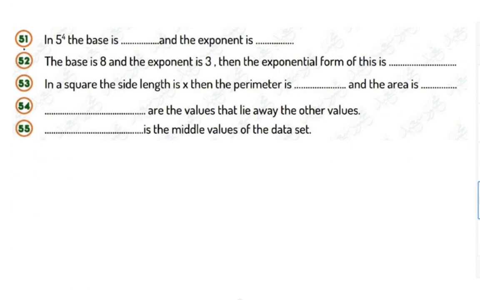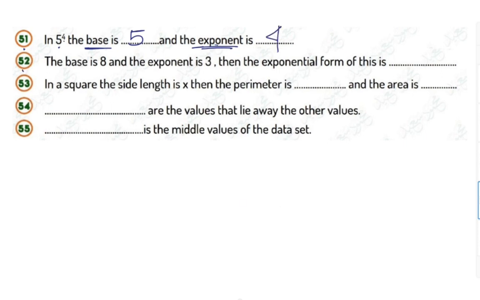The first complete question: in 5 to the power 4, what is the base and what is the exponent? Of course, the base is the bigger number here, 5, and the exponent or power is this small number, 4.